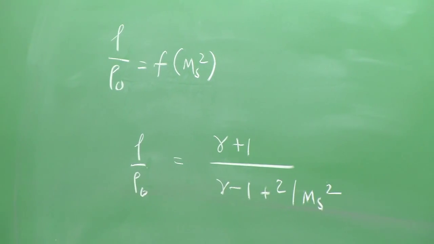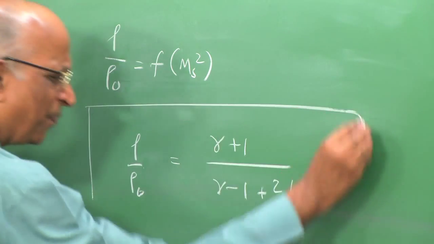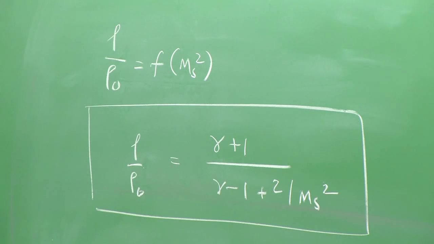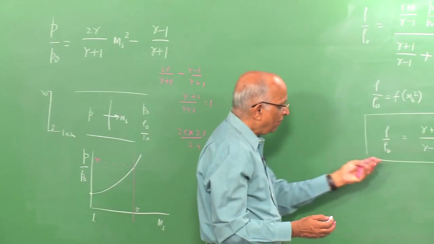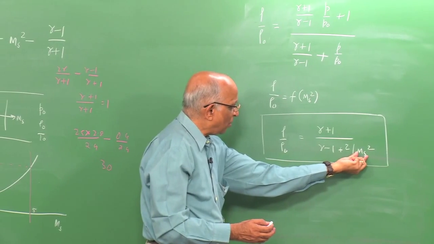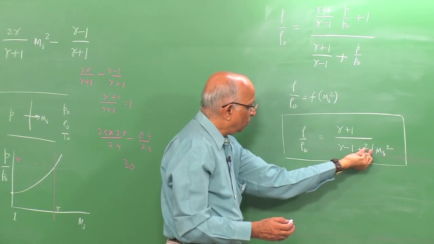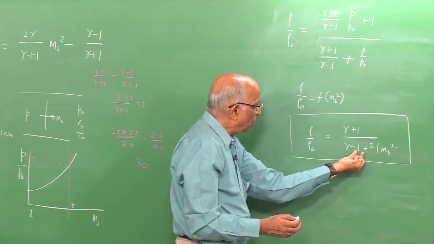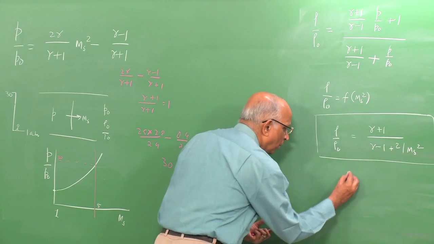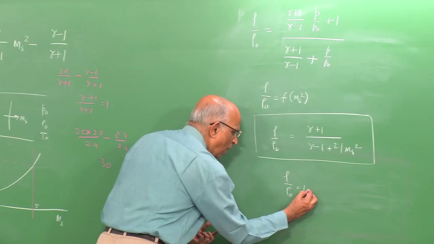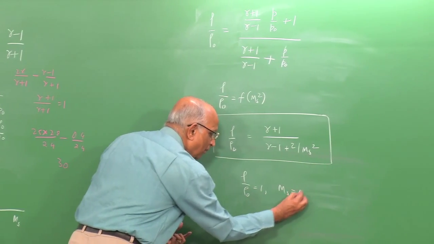All right. Therefore, what does this equation tell us? Let us again discuss this particular equation. This equation tells us exactly what the pressure ratio equation told us, namely when Ms is 1, that is the shock speed equals the sound speed, I get 2 over here, 2 minus 1 is 1, gamma plus 1 divided by gamma plus 1. Therefore, rho by rho 0 is equal to 1 when Ms is equal to 1.